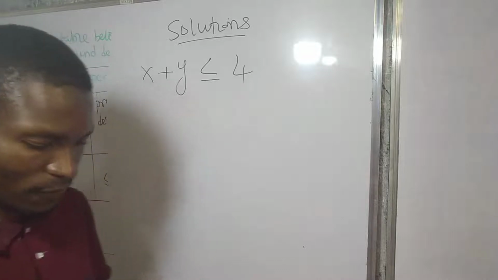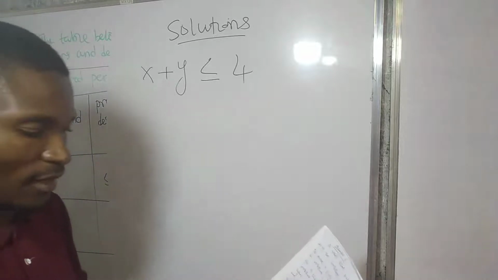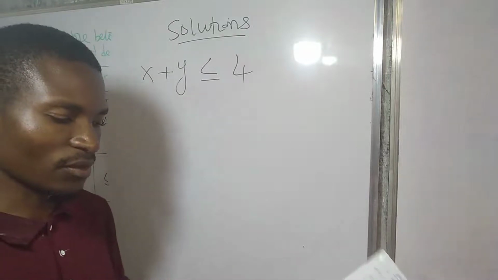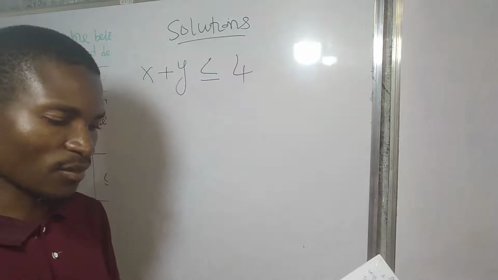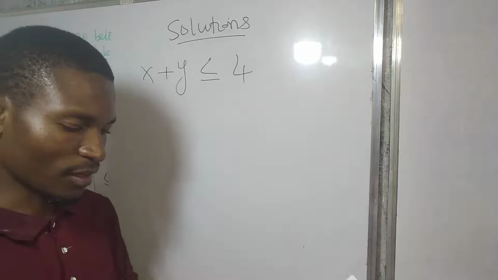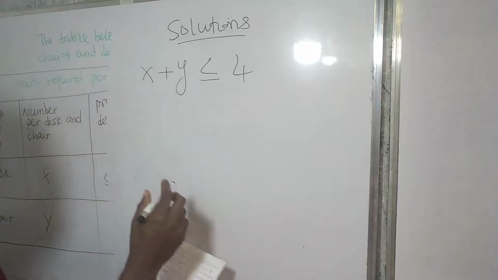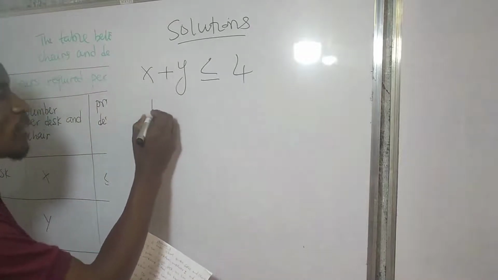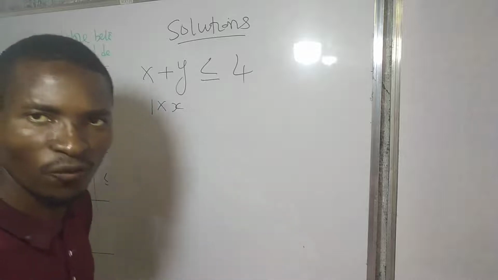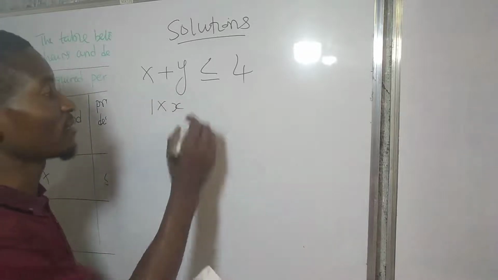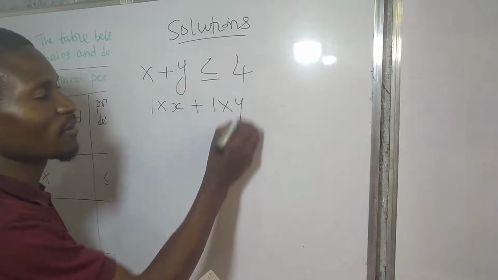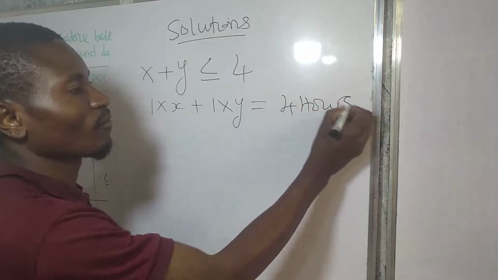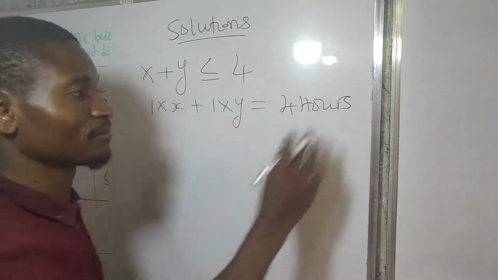Now, only 1 hour was used for the desk and 1 hour was also used for the chair. If you want to understand what is going on, this is 1 hour times the number of desks manufactured, plus 1 hour times the number of chairs made, which should equal 4 hours.